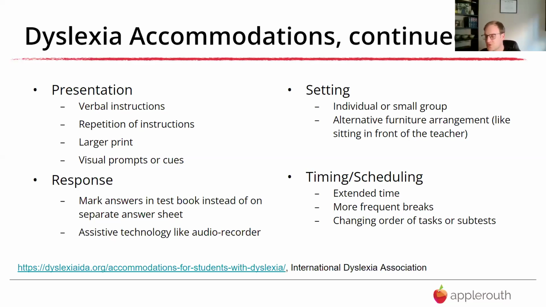The ones who were the most proactive, or their parents were, and who told me, hey, this isn't working, or hey, can we do this? That worked better. I think it's very hard to assume that the teacher is going to do a good job if you don't prod them a little bit. So we got to know what works and then really advocate for it. And then timing. So more breaks, different order of things, and then extended time.